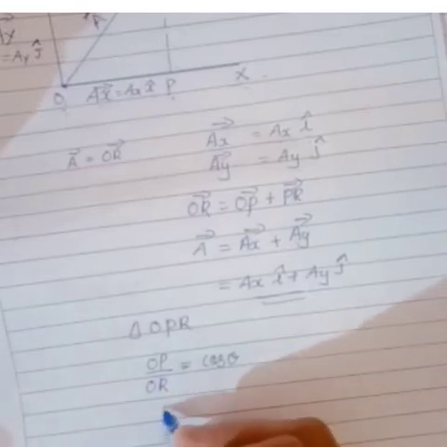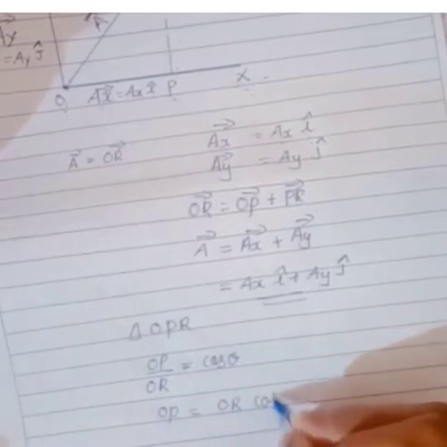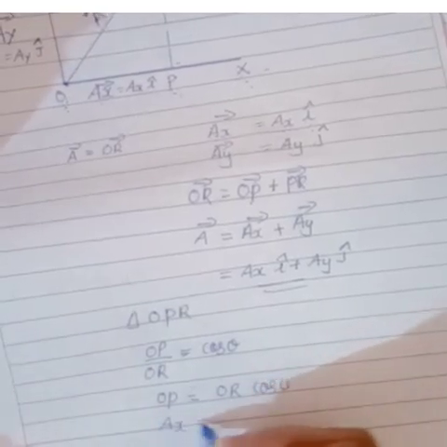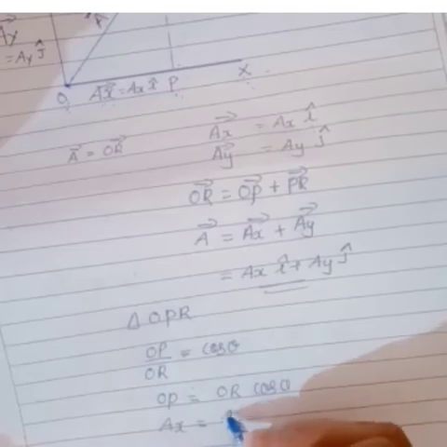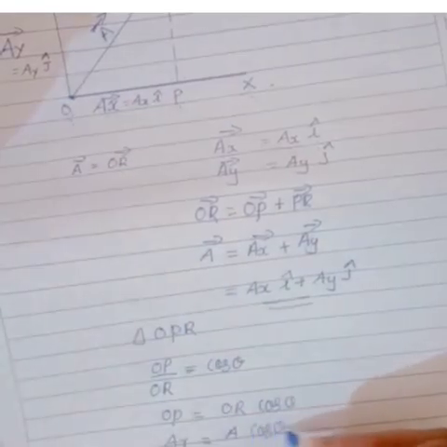So what about OP? OP is equal to OR into cos theta. So OP means Ax, OR means A, so Ax is equal to A into cos theta.